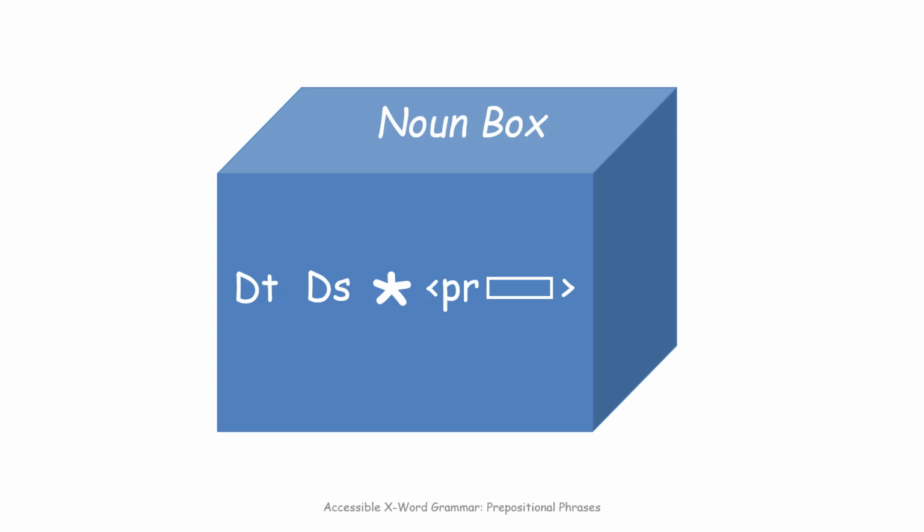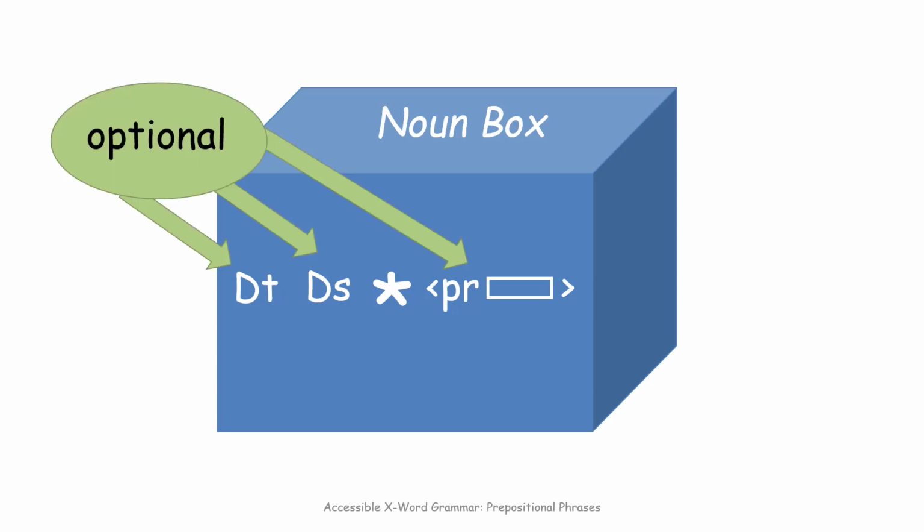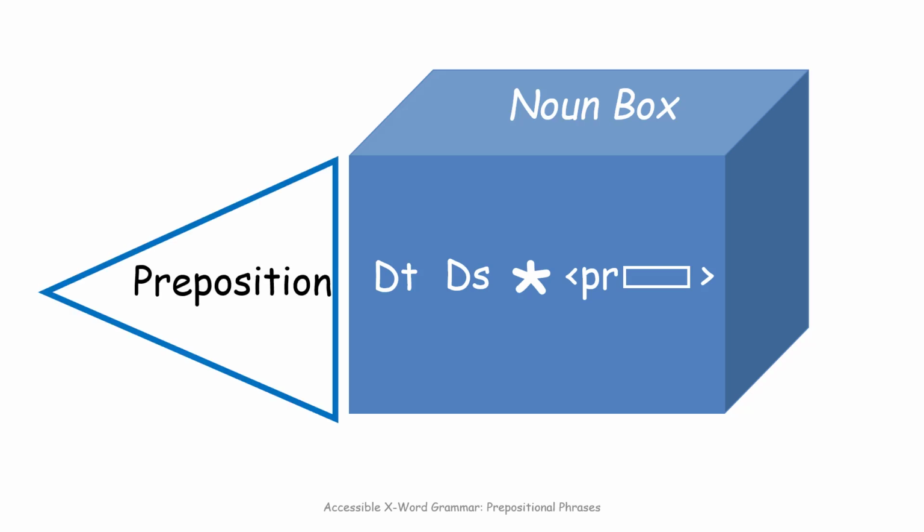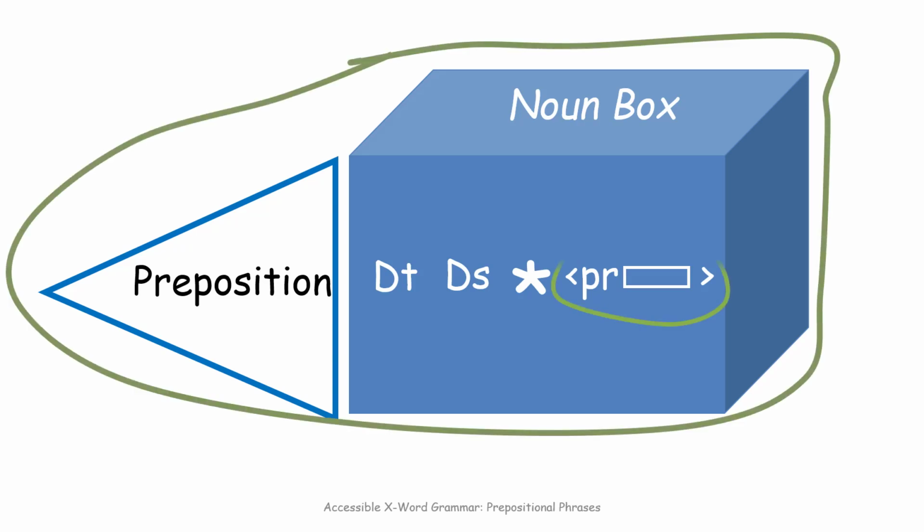There is no rule that says you have to have a describer or a prepositional phrase, but if you do, the words have to be in this order. We have our noun box. Put a preposition in front of the box, and you have a prepositional phrase. Did you notice that one phrase is nested inside another?